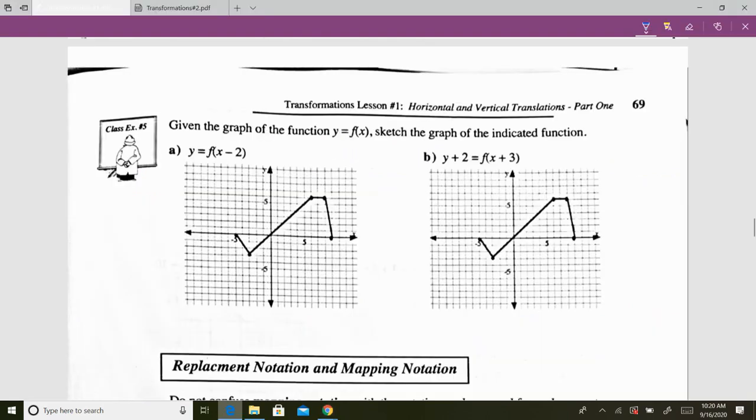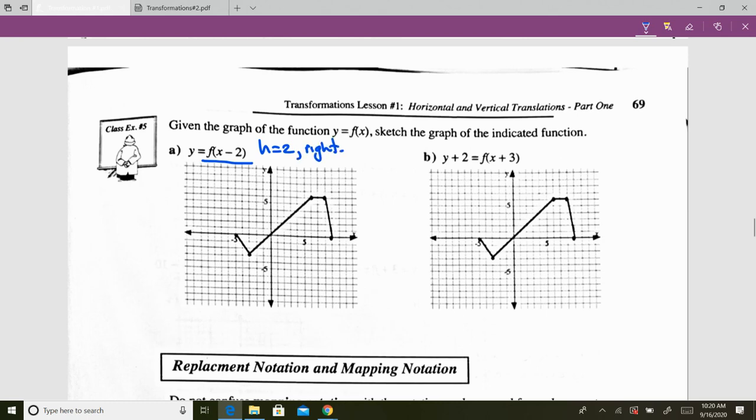Okay. Here's our original graph. Here is what we have done. So is that an H or a K value? The 2. H. And what is the H value? Positive or -2? +2, which means we did what? Yeah.